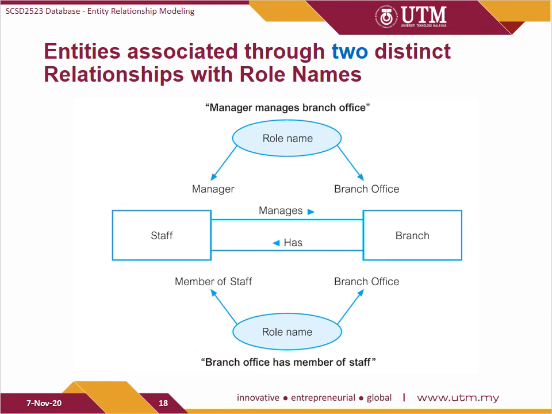For example, in the case of staff manages branch, a member of staff in staff entity, given the role name manager, manages a branch in branch entity, given the role name branch office. Similarly, for branch has staff, a branch given the role name branch office has staff given the role name member of staff.